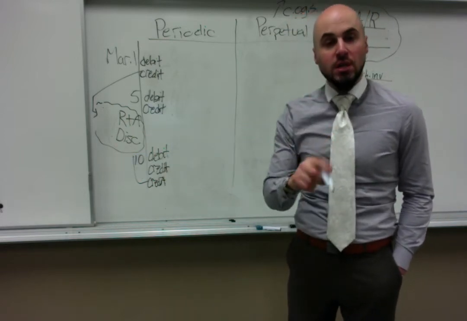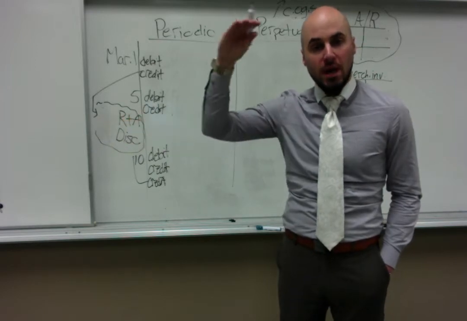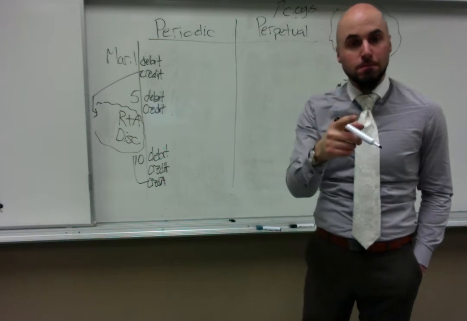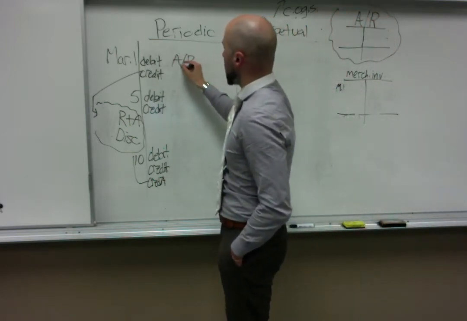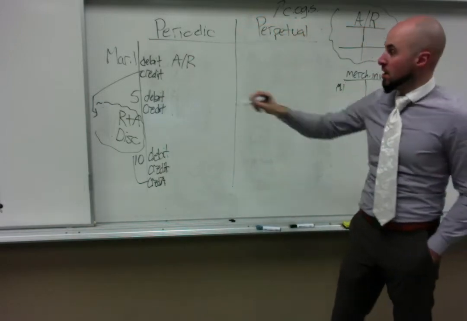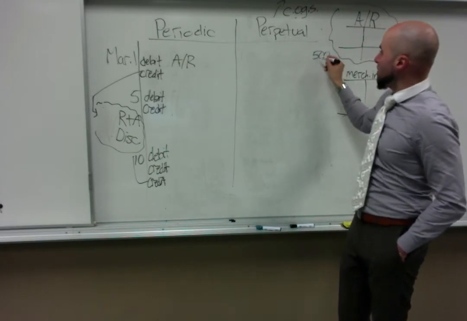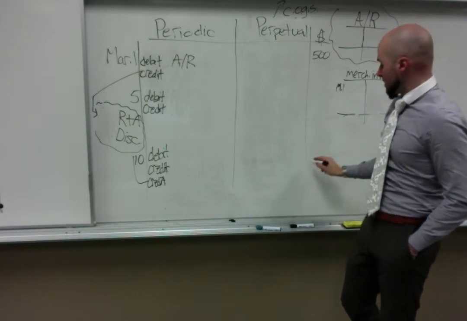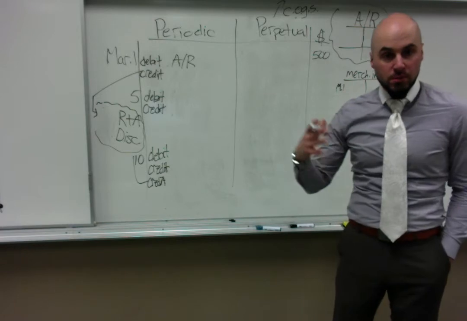And if we're not receiving cash, the very next account that follows cash needs to be debited, and that account is accounts receivable. Customer pays us with credit. Debit accounts receivable for $500. You just made a sale.